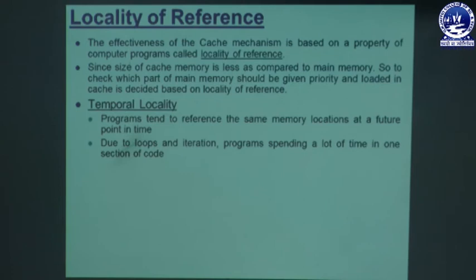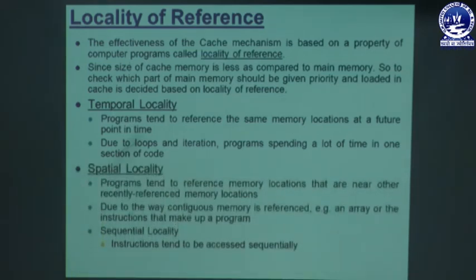So, you have to consider that the program will reference the same memory location at a future point of time, because we may need that instruction next. For that reason you have to choose that part of the main memory and store it in the cache memory.